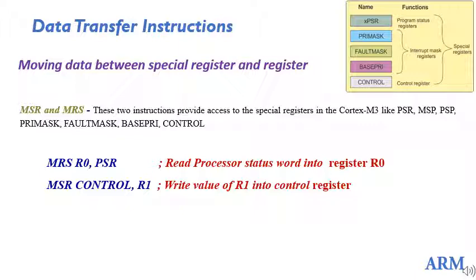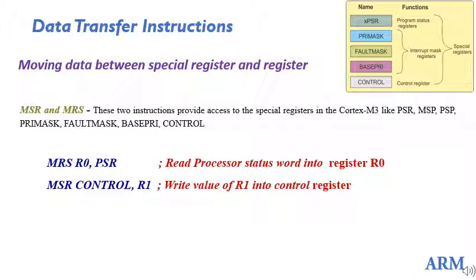APSR stands for Application Program Status Register. This is the register comprising the status flags. The flags are the ones which will be set or reset based on the output of a certain operation. After some data processing instructions are executed, these flags will be updated.